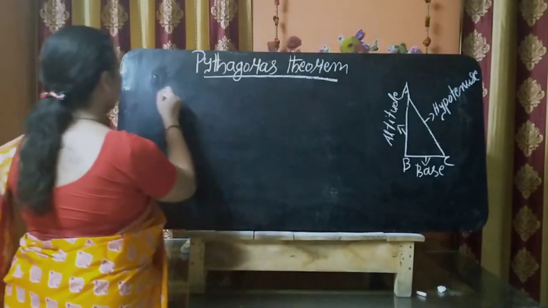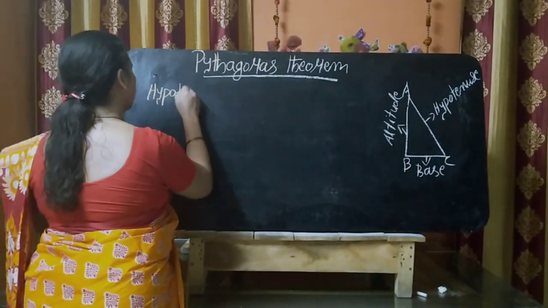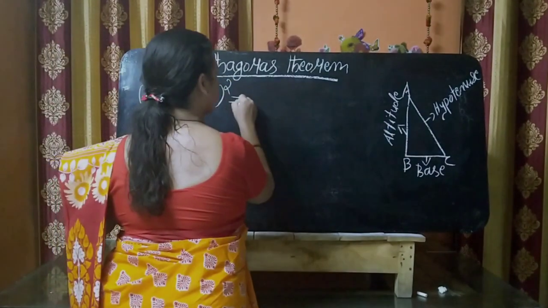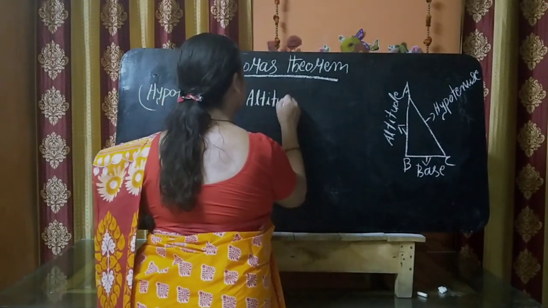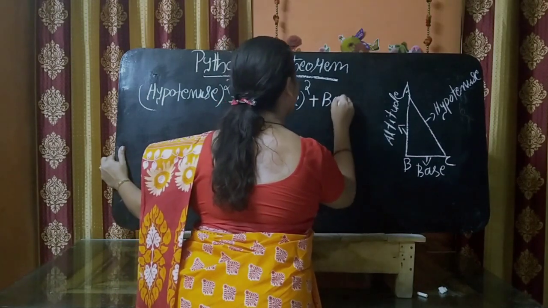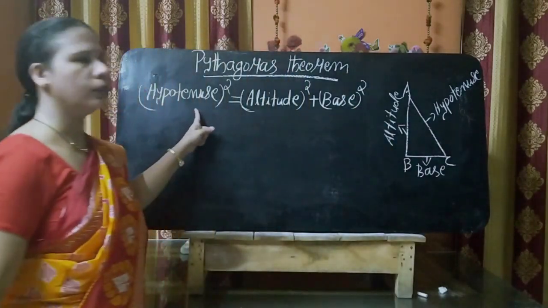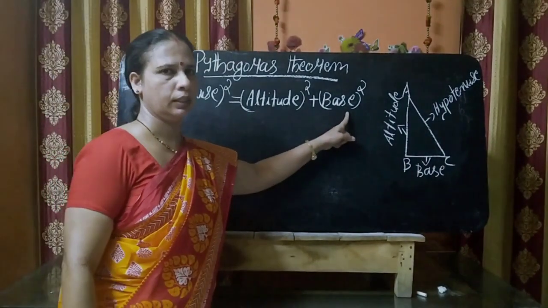Then hypotenuse square is equal to altitude square plus base square.